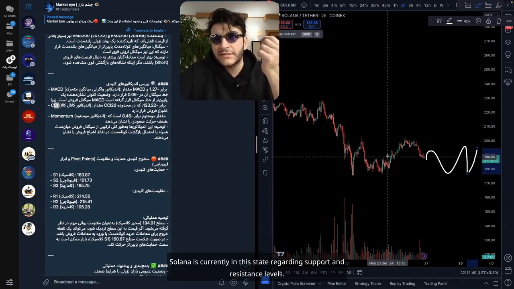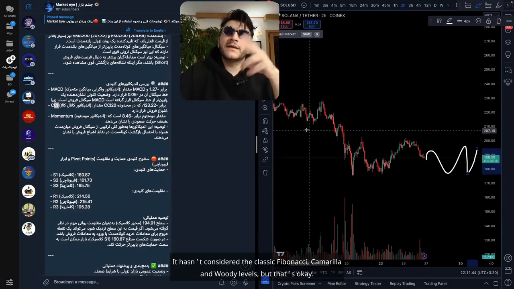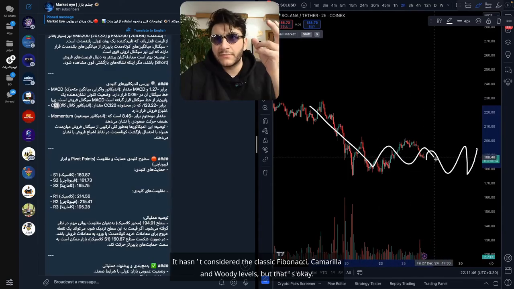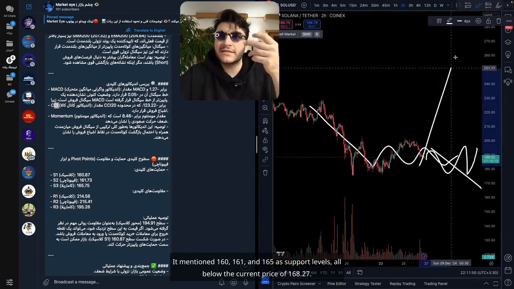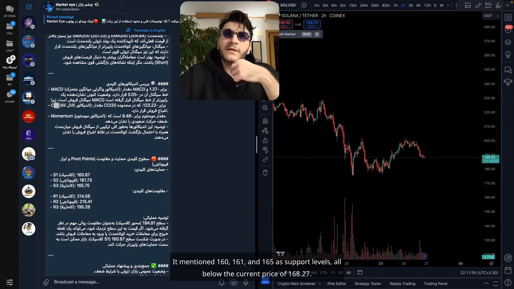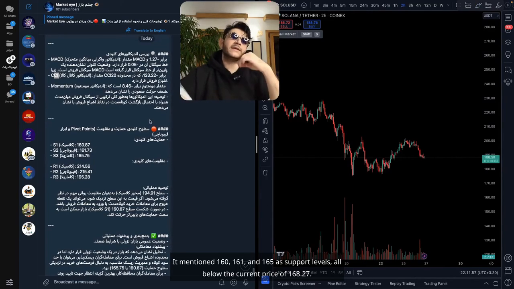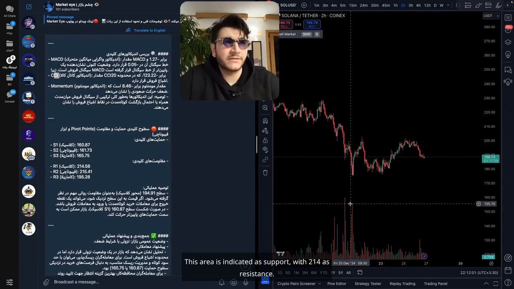Regarding support and resistance levels, it hasn't considered the classic Fibonacci, Camarilla, and Woody levels, but that's okay. It mentioned 160, 161, and 165 as support levels, all below the current price of 168.27. This area is indicated as support, with 214 as resistance.